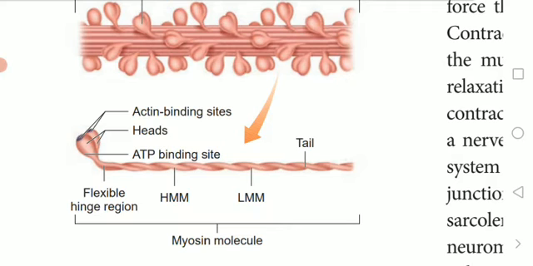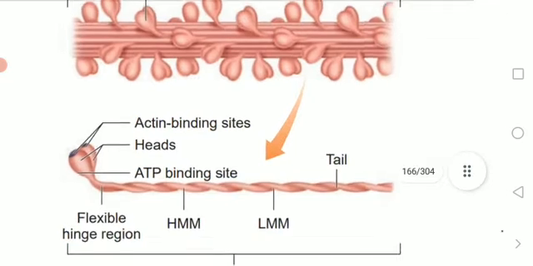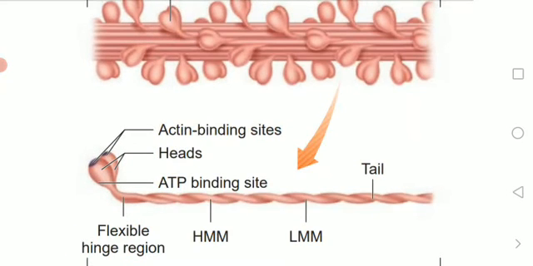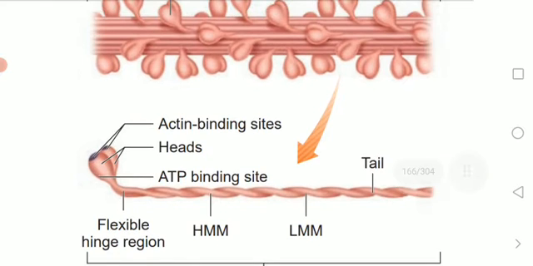The head bears actin binding sites and ATP binding sites. It also contains the ATPase enzyme, which splits ATP to generate energy for contraction of muscle.